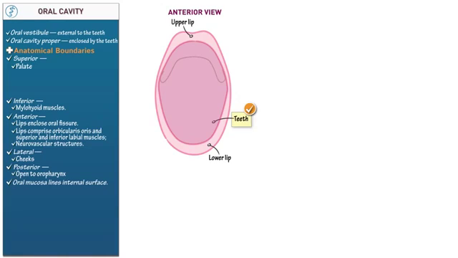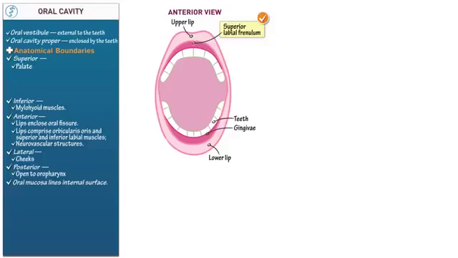Next, show the teeth. The upper teeth are housed in the maxilla, and the lower teeth are housed in the mandible. Show the gingiva, the gums, which cover the bones of the jaws, and an overlying mucosal membrane. Indicate the superior labial frenulum and inferior labial frenulum, which attach the gingiva to the lips.